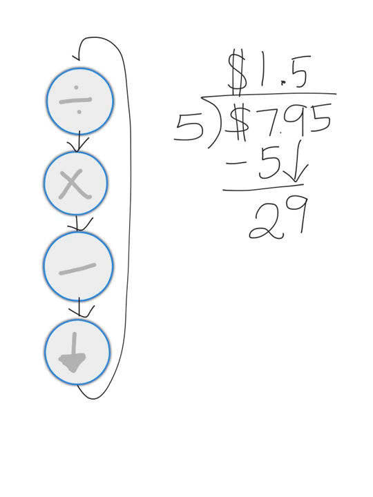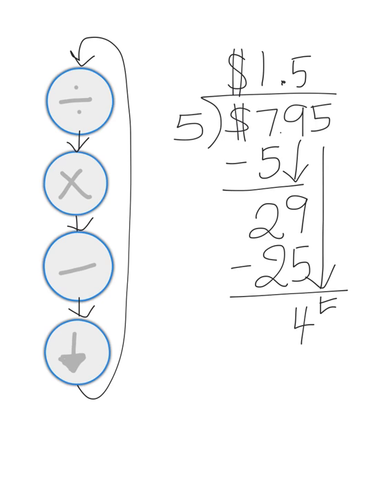I am now repeating. 5 times 5 is 25. 29 minus 25 is 4. Bring down my 5. 5 goes into 45 9 times. My answer is $1.59. All right, time to try it on your own.